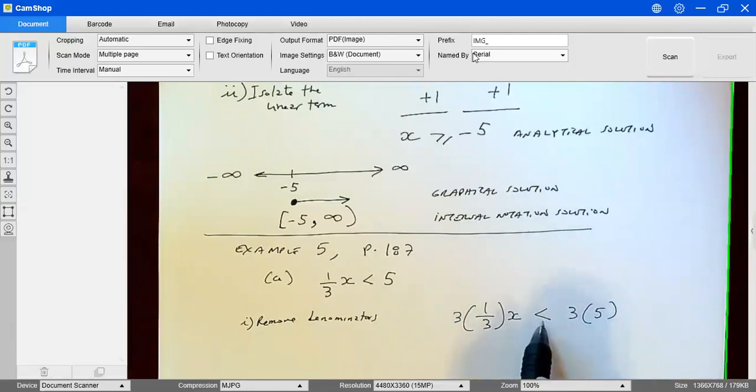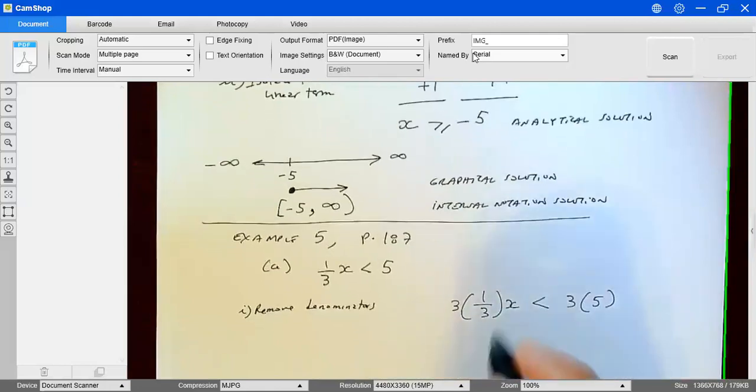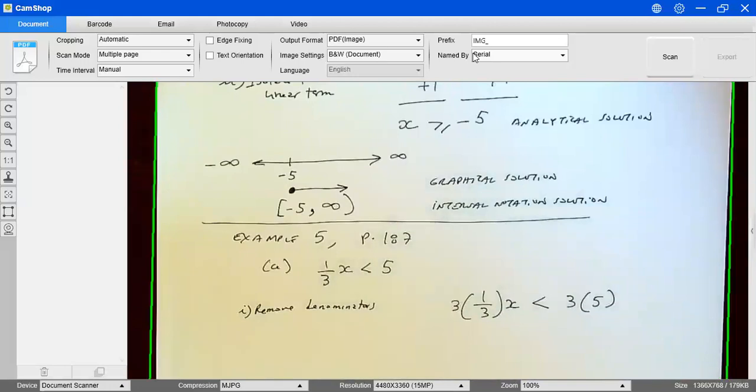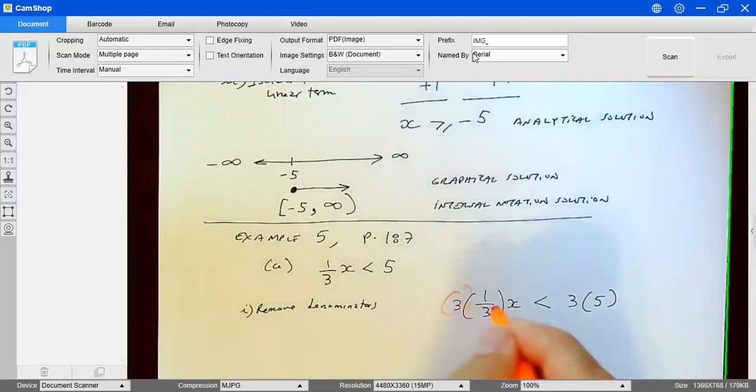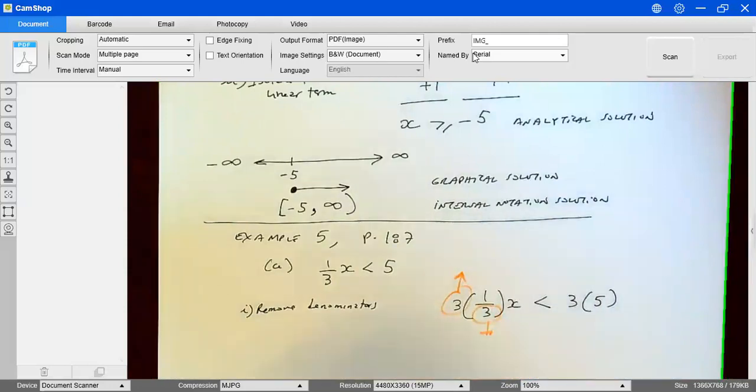I'm keeping the same direction because I'm multiplying by a positive number, so no need to switch the sign. So you just cancel these 3 and these 3. So you end up with 1x, which is just x, less than 15.